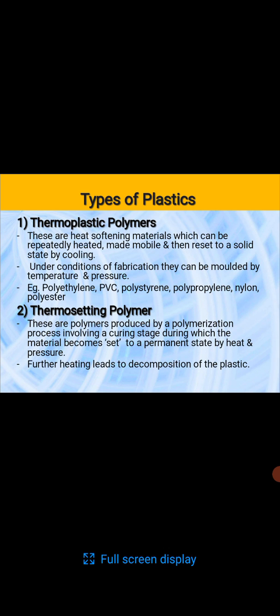Further heating leads to decomposition of the plastic. If I overheat it, extra heating and raising the temperature will lead to decomposition of the plastic. For example phenolics, melamine, urea, alkyds, epoxides, certain polystyrene and polyurethane cross-linked polymers.